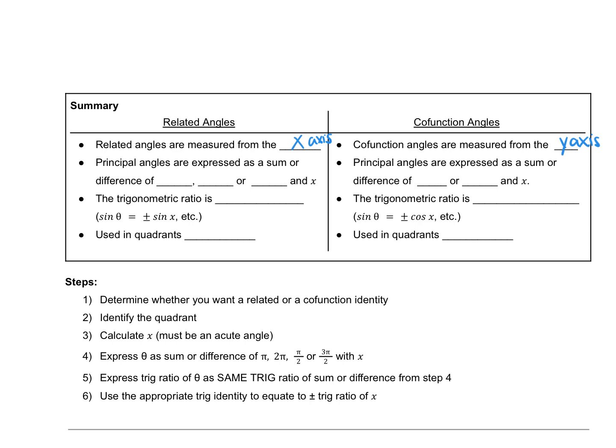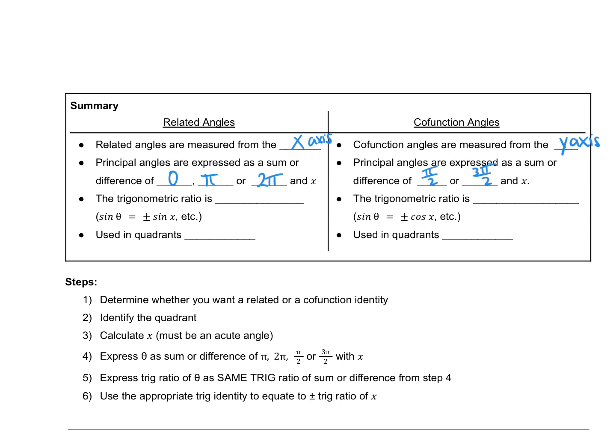With that in mind, your related angles will always be with reference to 0, pi, or 2 pi, because that's where the x-axis is, whereas the cofunction will be related to pi over 2 and 3 pi over 2.